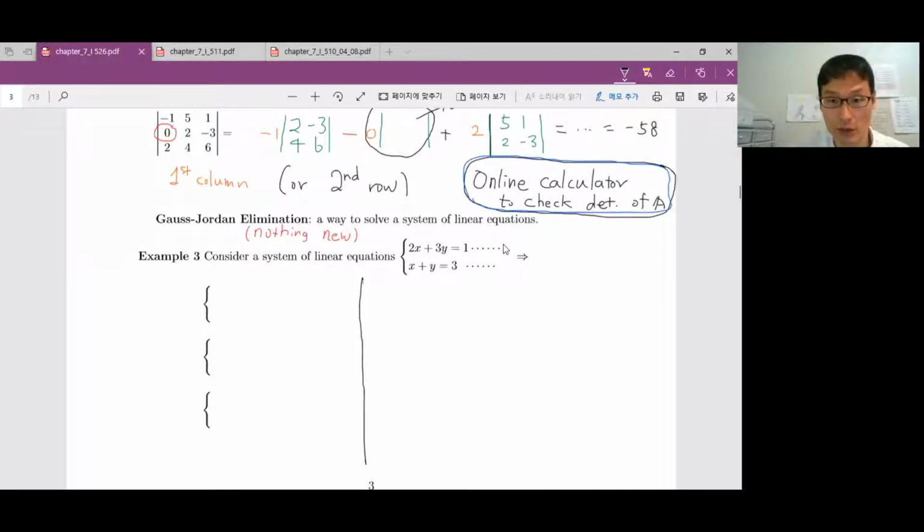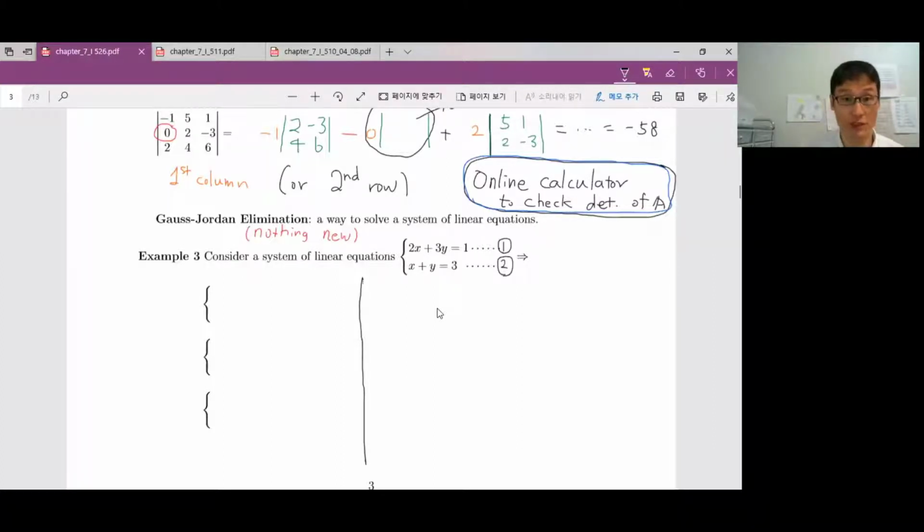Okay, let me call this first equation, equation number 1, second one, equation number 2. So how do you solve this? Well, eventually, you want to eliminate x or y. So that's how we solve this system.